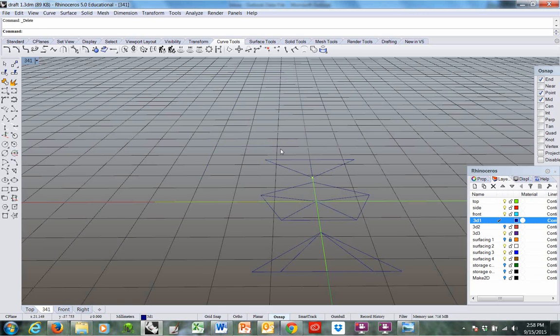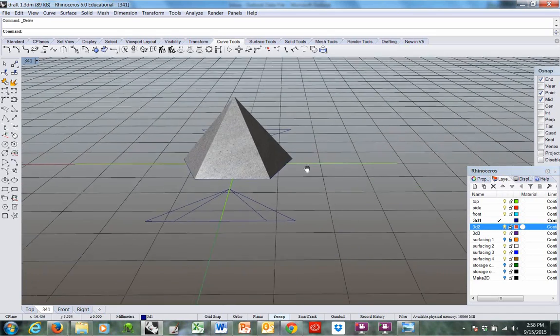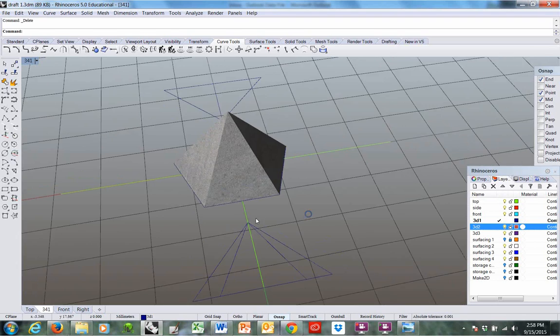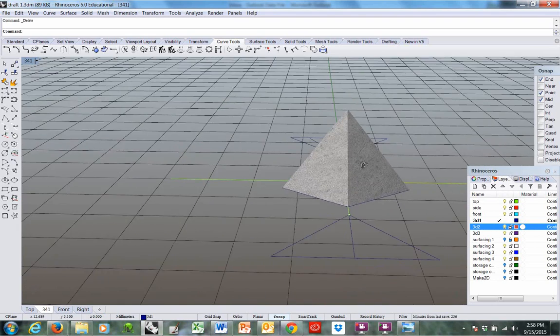And now you can see that does accurately represent the back of my pyramid. That represents the front.